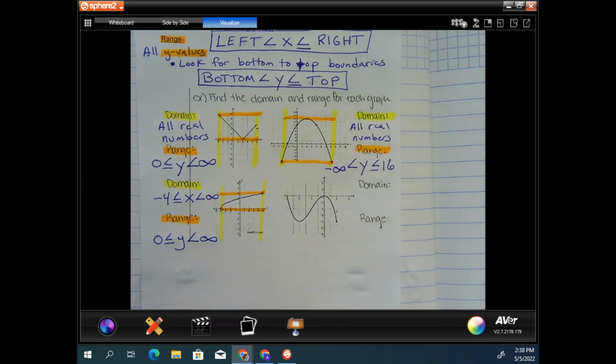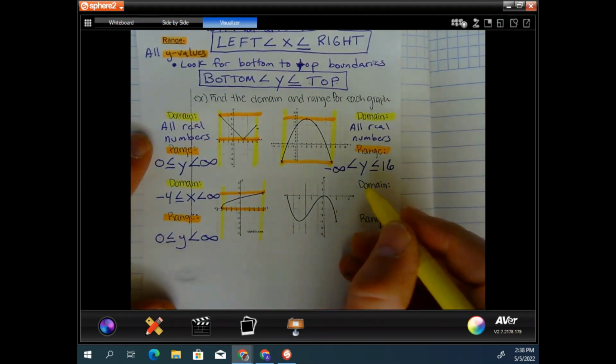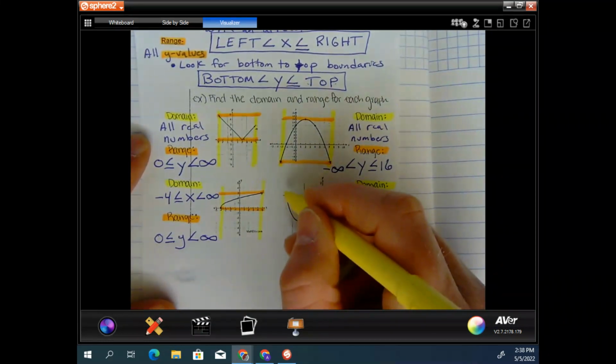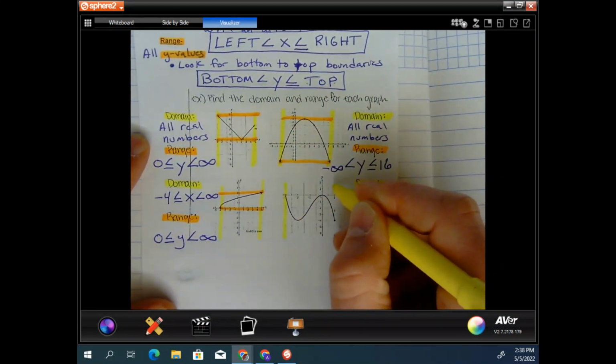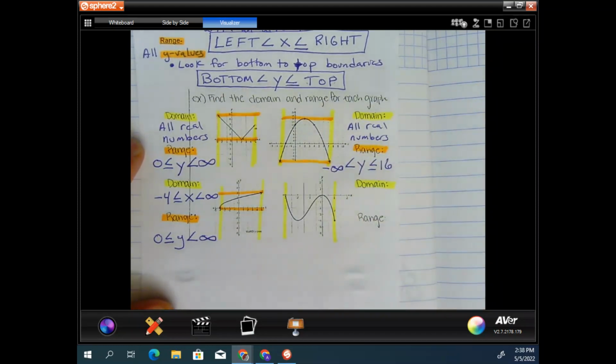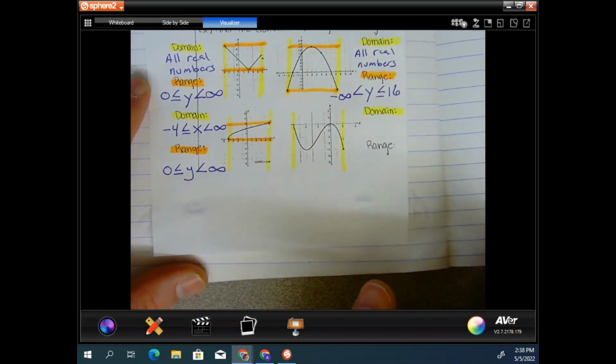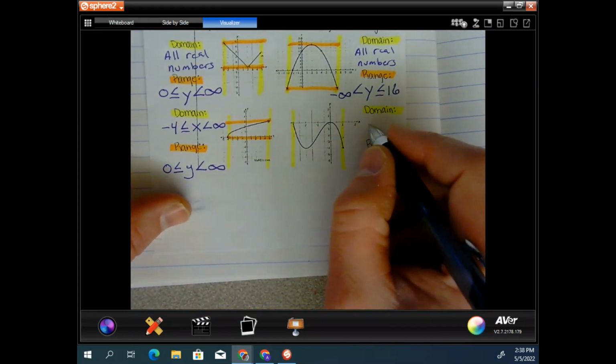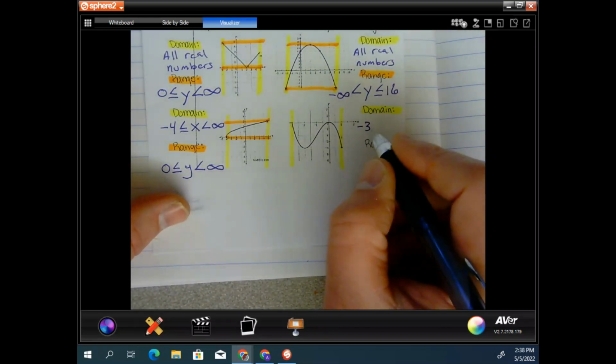And our final example here with domain and range is, here's my walls, farthest left, farthest right. I have an open circle here, so that will not be included. So I have -3, which is the farthest left.